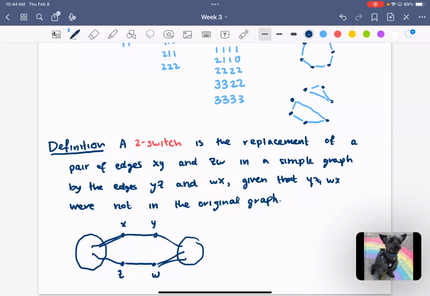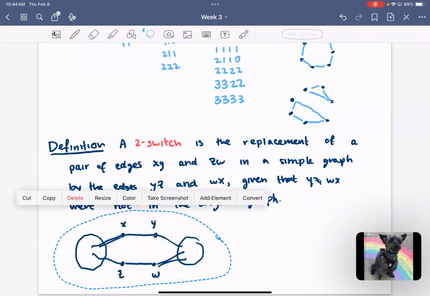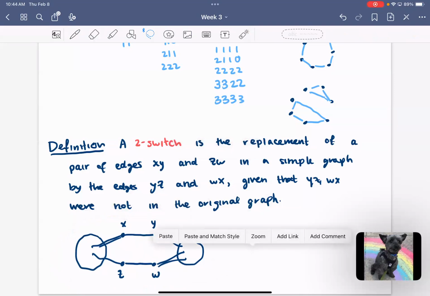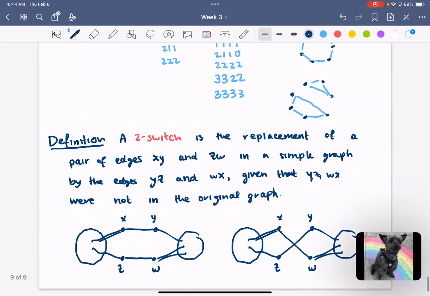Then what I can do, as long as the edges YZ and WX are not in here, is replace the edges XY and ZW by those two edges YZ and WX. So erase those. So instead we would have YZ and WX. Okay, does that make sense what the operation is?